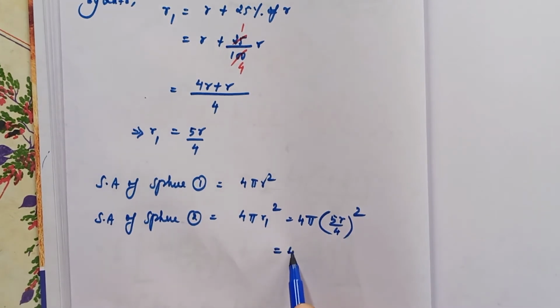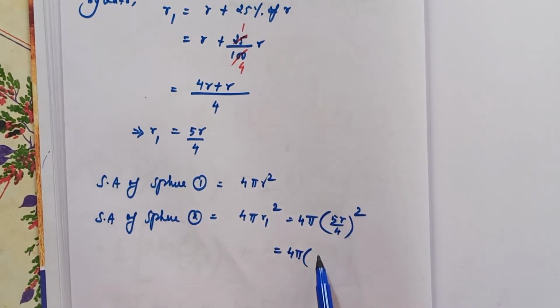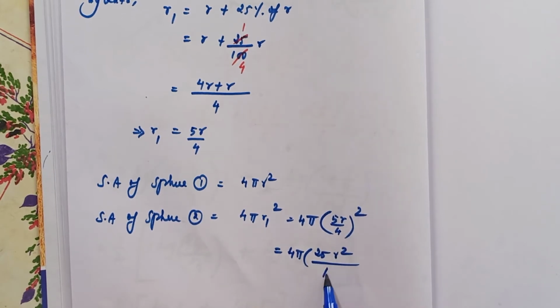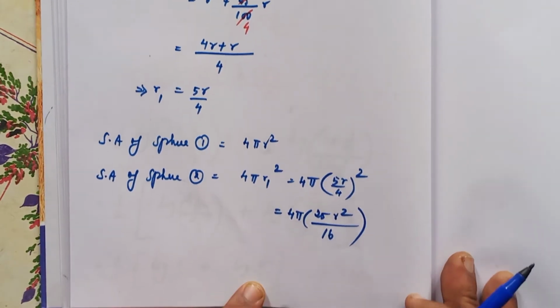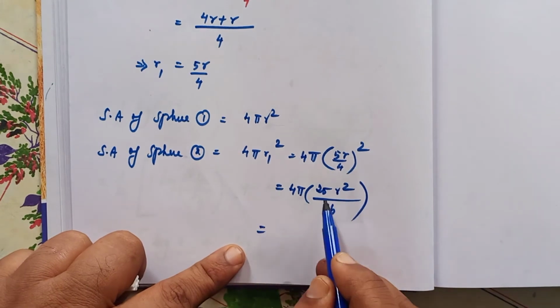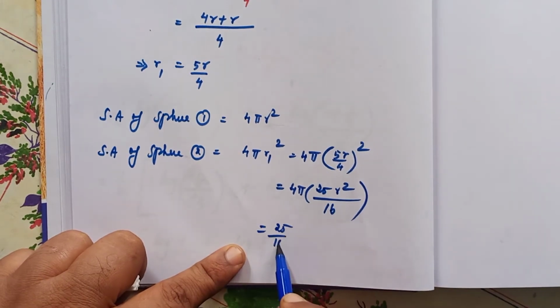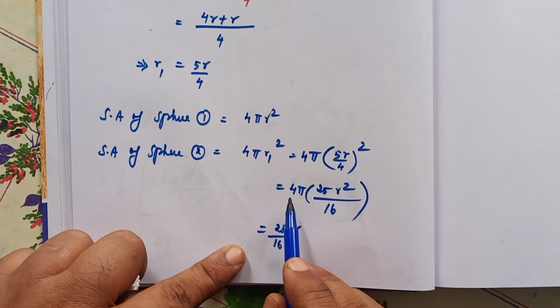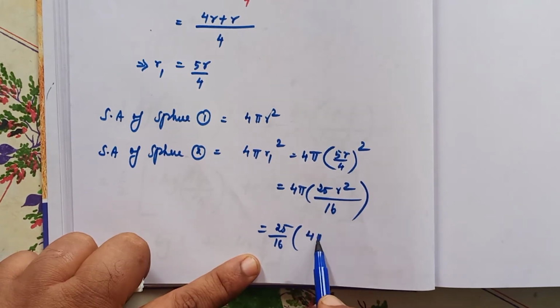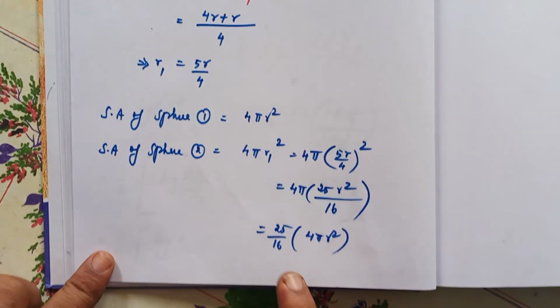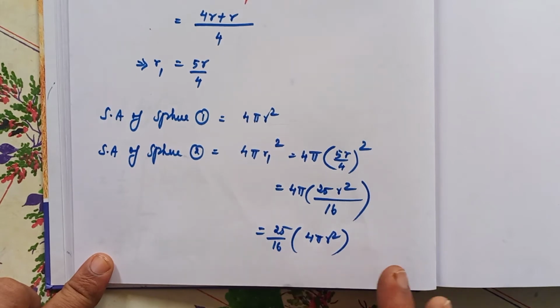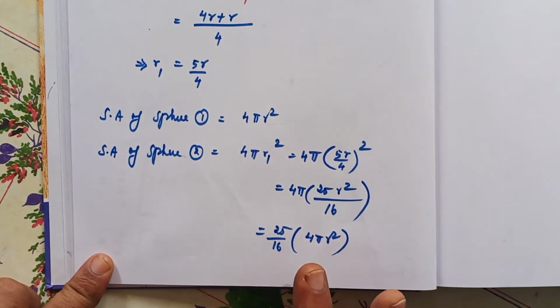That is equal to 4 pi as it is. 5 square is 25, r square divided by 4 square is 16. That is equal to 25 by 16 into 4 pi r square. That is the surface area of the new sphere, that is sphere number 2.